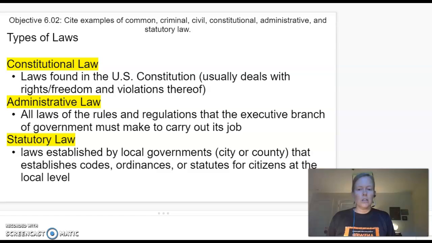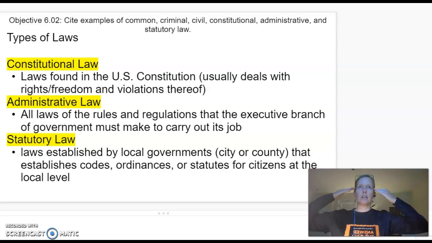Statutory law, kind of similar to that, but statutory law is going to be laws established by local governments, this is city or counties. Codes, ordinances, or statutes are sort of legal names for city laws for citizens at the local level. So think of some sort of law we have to follow, like for the city of Raleigh.